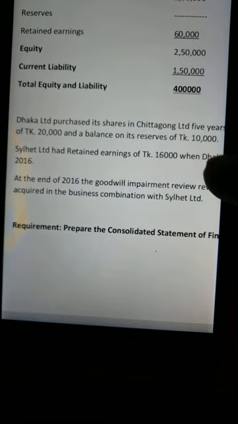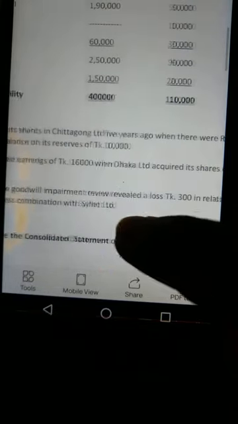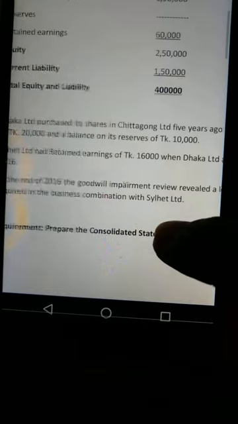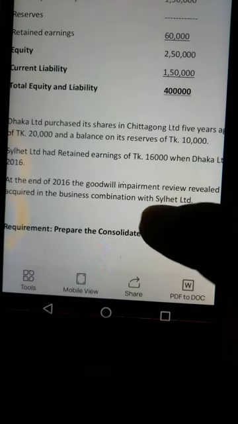Dhaka Limited purchased its shares in Chittagong Limited 5 years ago when there were retained earnings of Taka 20,000 and a balance on its reserves of Taka 10,000.